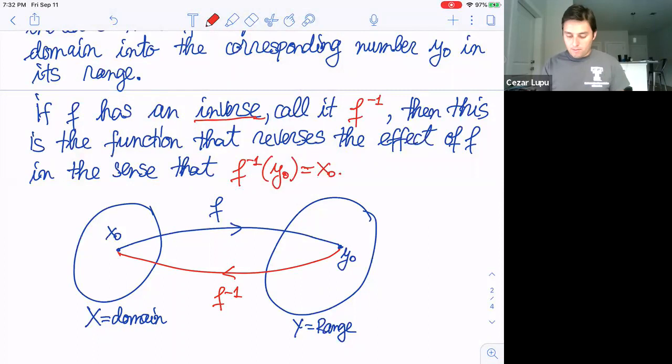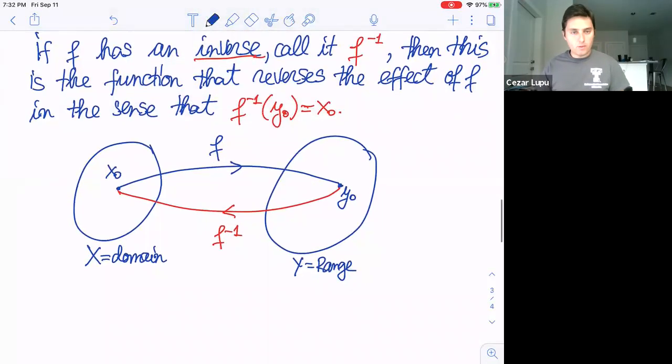And by the way, I want to make one remark here, which is very important. So I will leave the picture for you to look at. The picture is very important to remember how this inverse function operates. But I would like to point out a remark which is crucial, because I don't want you to mess these two things up.